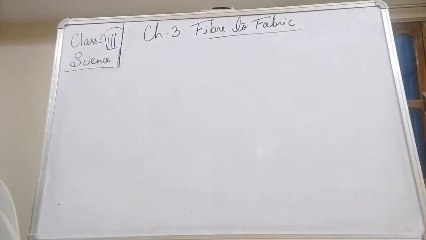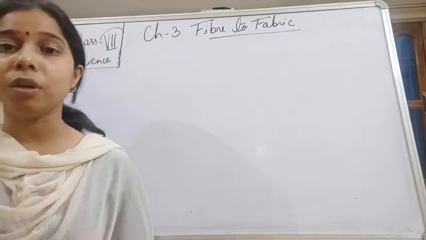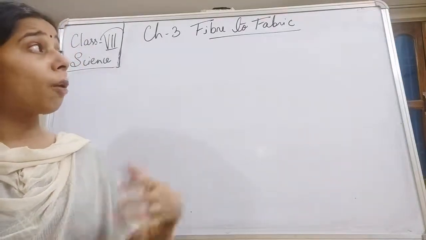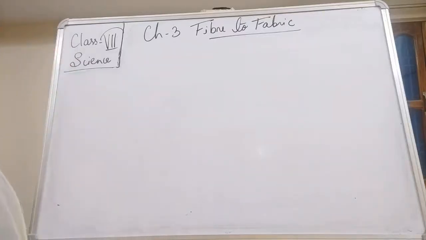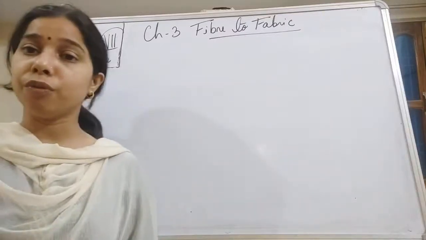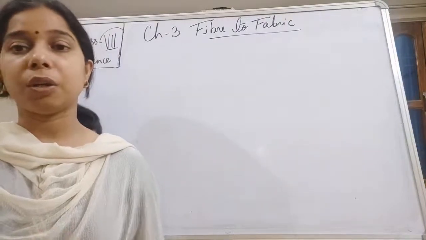Now let us understand how we obtain the wool, how we obtain fabric from fibre, or how we obtain the wool from the sheep. What are the different processes we do in order to get wool?